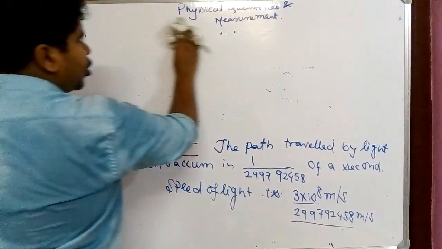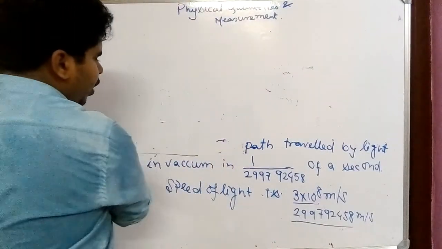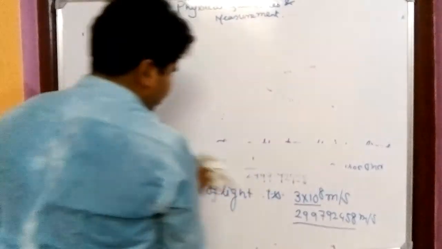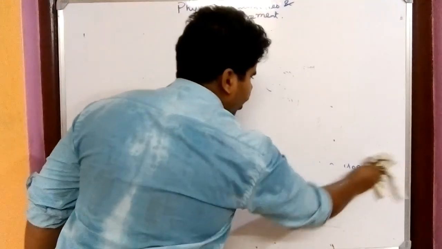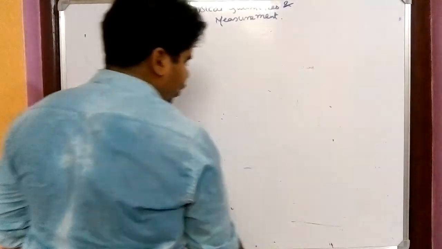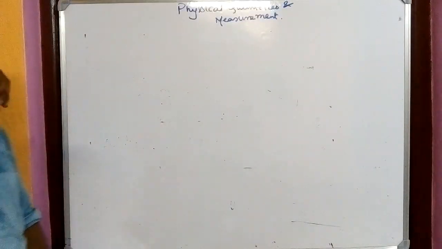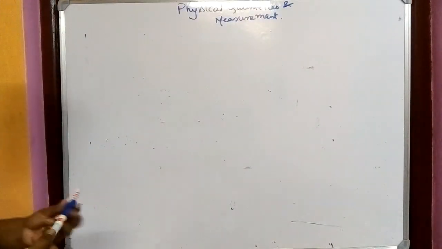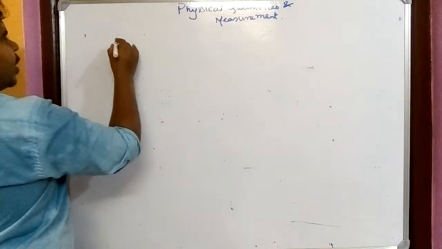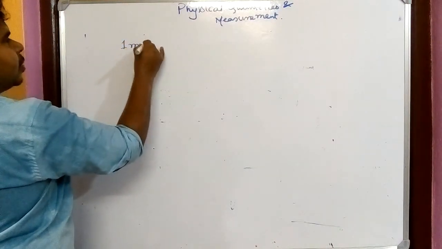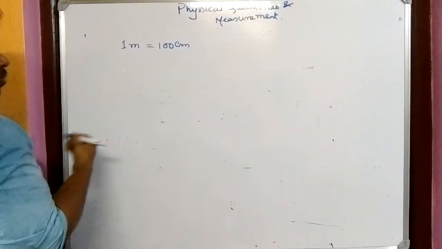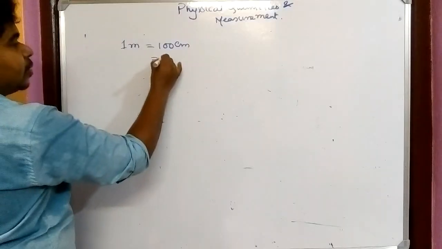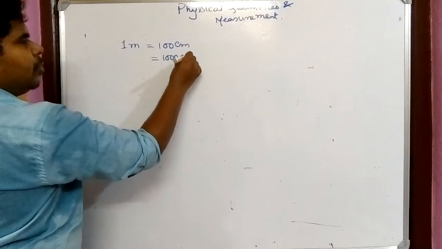Conversion of different unit systems of length. How are we able to convert from one unit system to another for the case of length? We all know that 1 meter is equal to 100 centimeter, as well as 1000 millimeter.